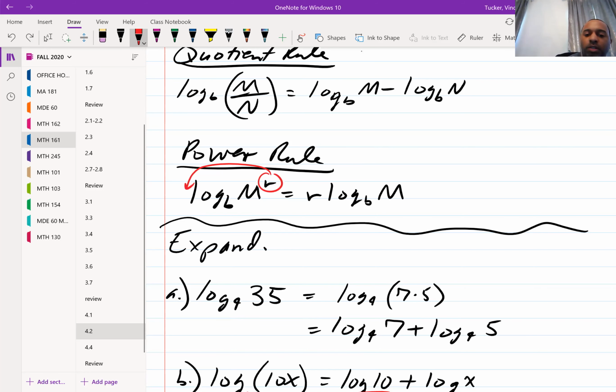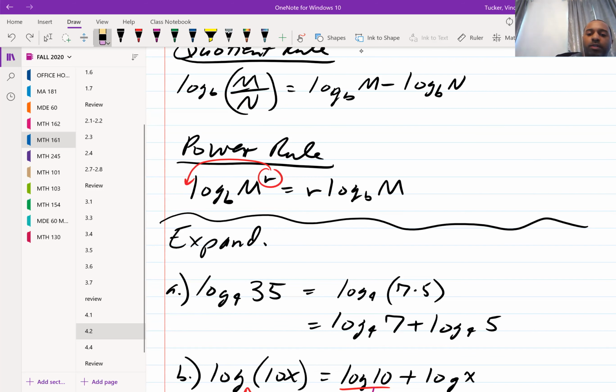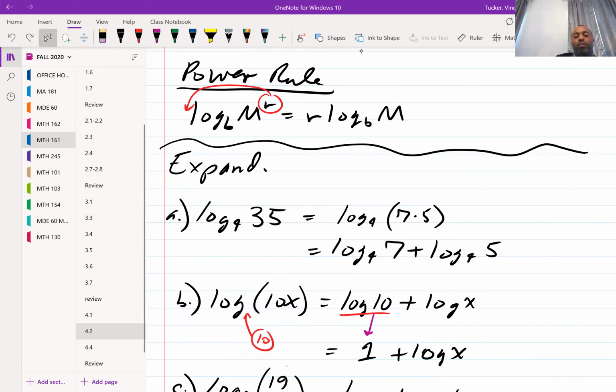All right, so let's look at this next one. So notice the next one and how I broke that one up. We have log of 10 times x. And so there's nothing there for the base. So they assume that if you don't see anything, then there is a 10 there for the base. That's what I was mentioning in the last example. So I broke it up into log of 10 plus log of x.